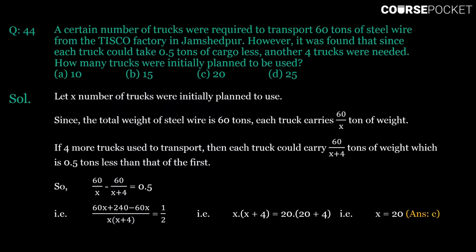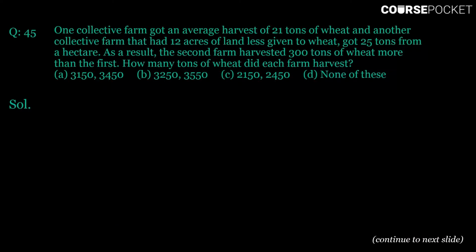After cross multiplication and simplification, we can get X into X plus 4 is equal to 20 into 20 plus 4. From this relation, we can say X is equal to 20.